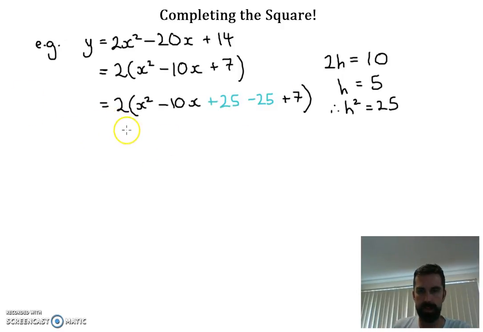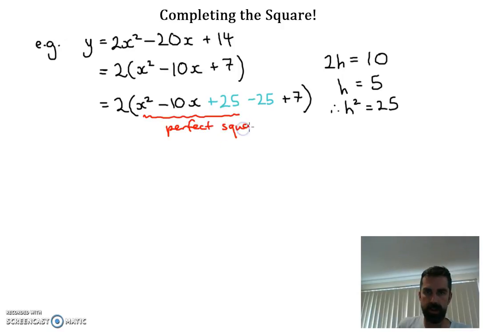Okay, now if I look at this part of the equation, that is my perfect square. Which means that if we look at the number 25, we need two factors of that add to -10. The two factors are -5 and -5. So my factorized form of that quadratic is x take 5.